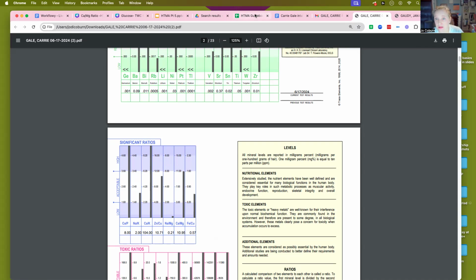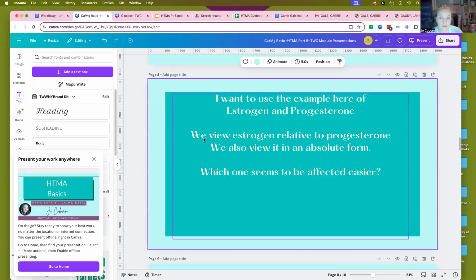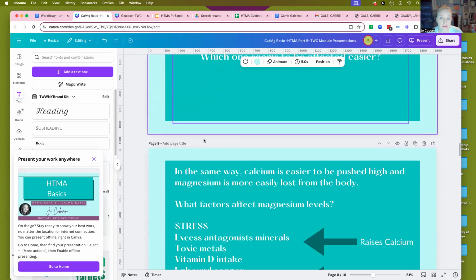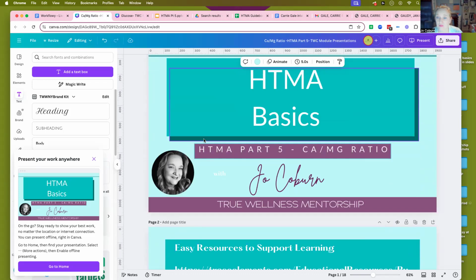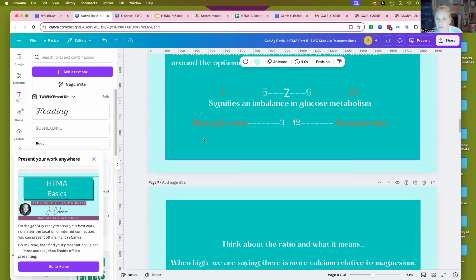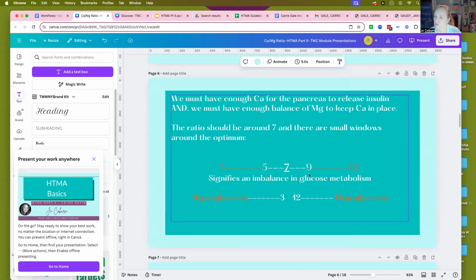So what does that say on our chart? If she's got a ratio that's heading up towards 11, right? She's going to have more bouts with hypoglycemia than my calcium shell person who's keeping her blood sugars stable, who's got a ratio at 7.